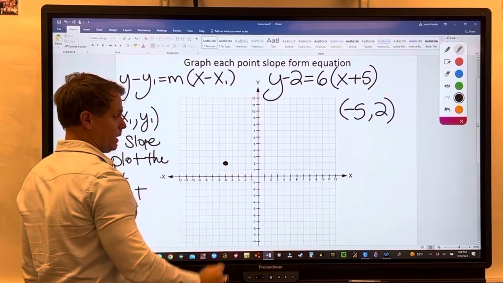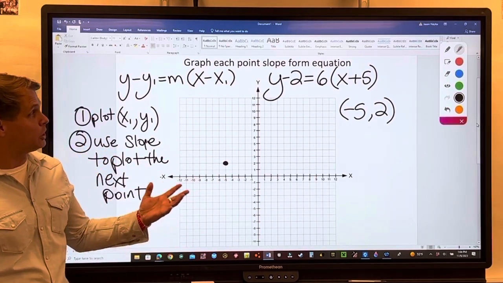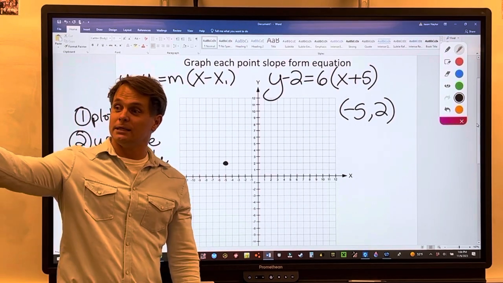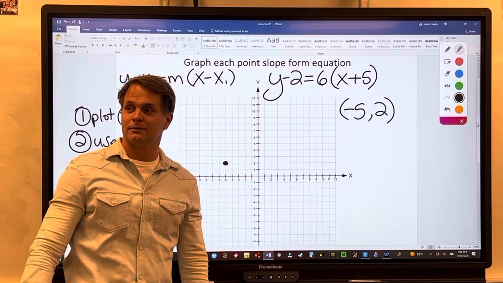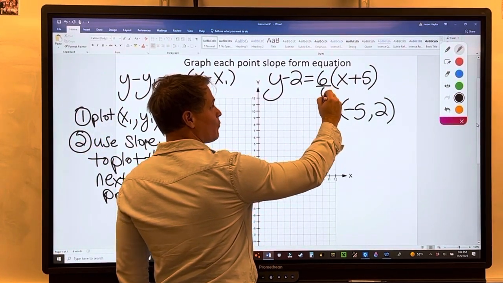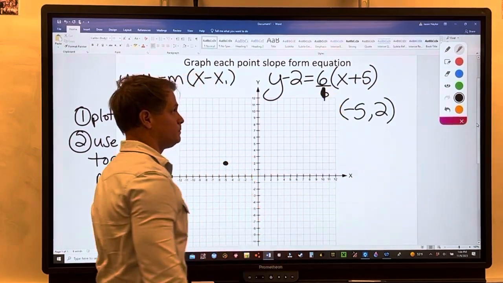That's our first point. Now the next thing we're going to do from there is use the slope to plot the next point. So what is the slope? 6. So we're going to change that and write 6 over 1.